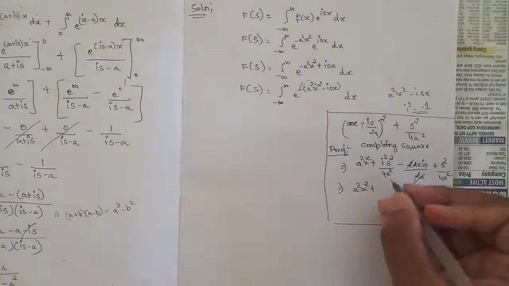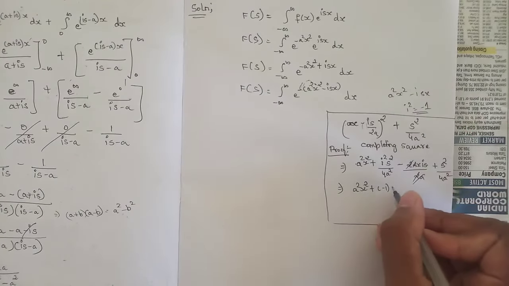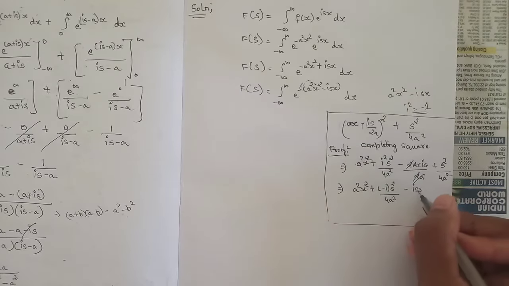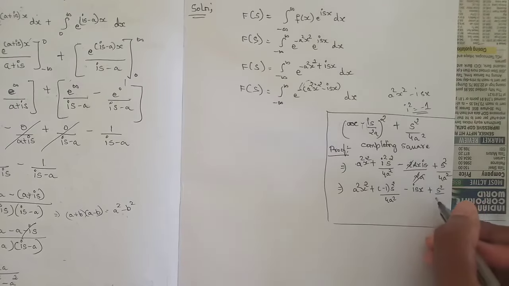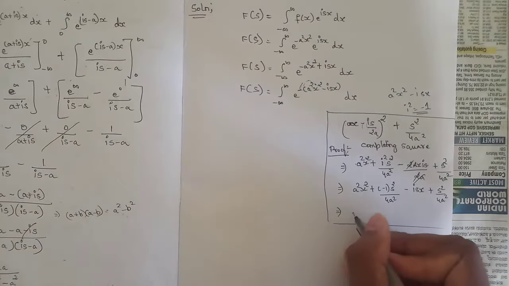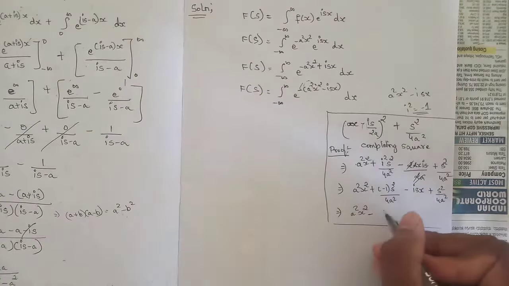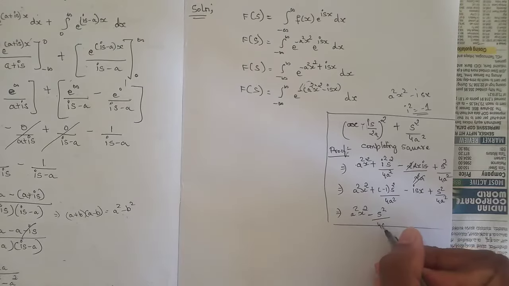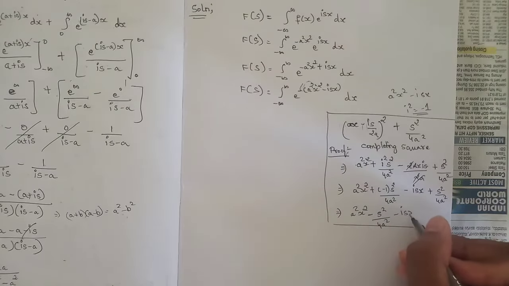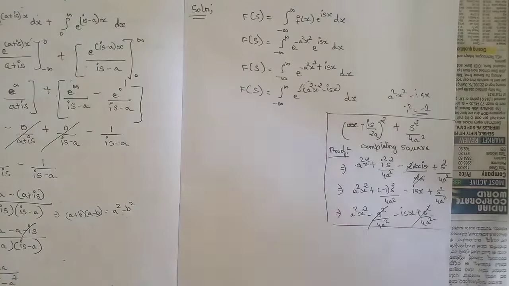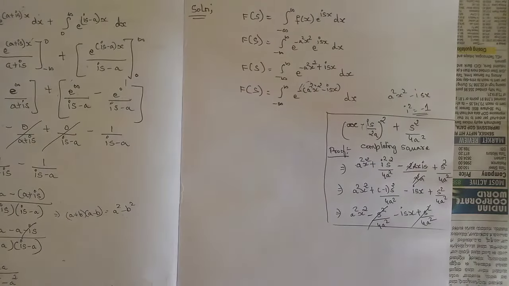So substitute that: minus 1 into s square by 4a square minus isx plus s square by 4a square, that is equal to a square x square minus s square by 4a square minus isx plus s square by 4a square. So we can cancel this minus s square by 4a square and plus s square by 4a square.